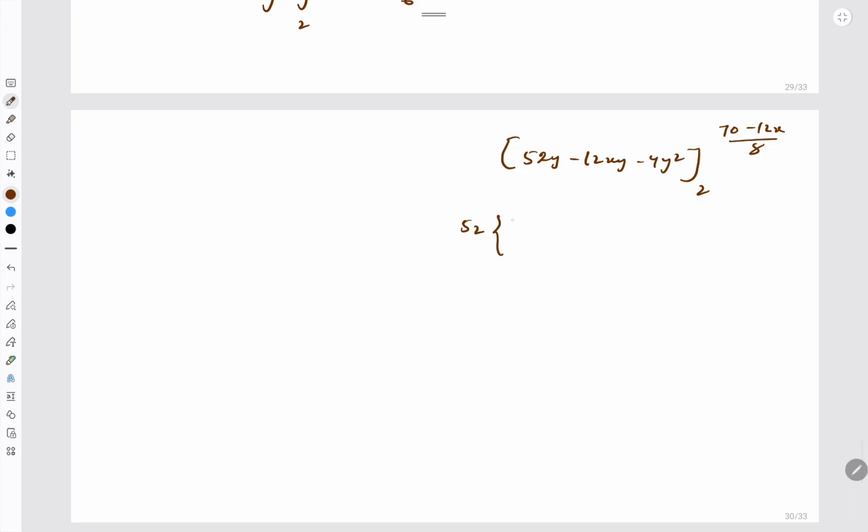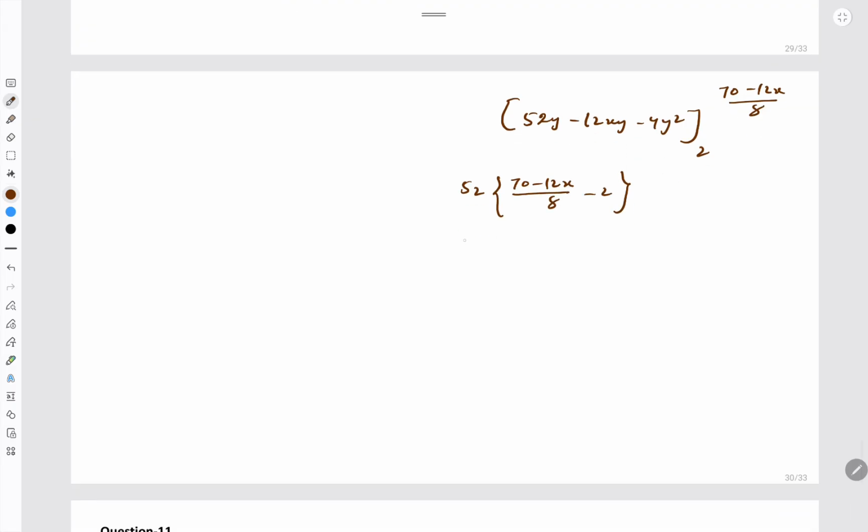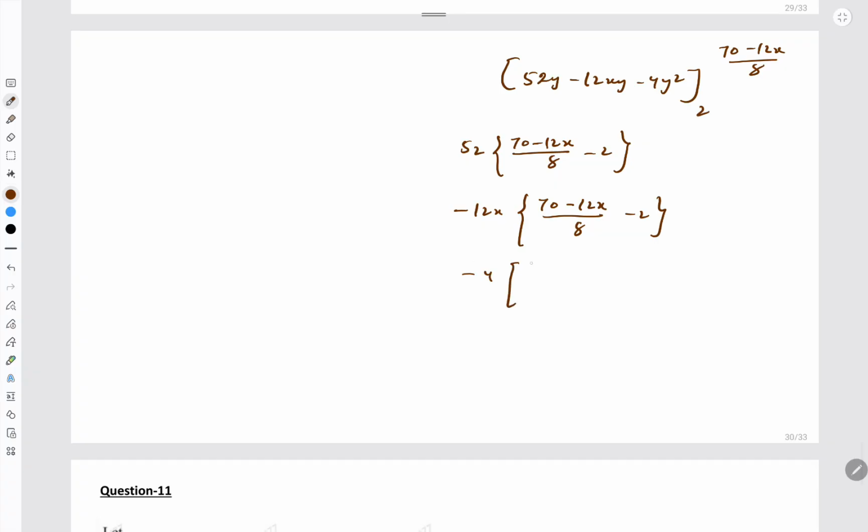52 into ((70 minus 12x) upon 8 minus 2) minus 12x, same, ((70 minus 12x) upon 8) by 2, minus 4 ((70 minus 12x) upon 8) whole square minus 2 square. So the calculations are, I mean, it is lengthy.